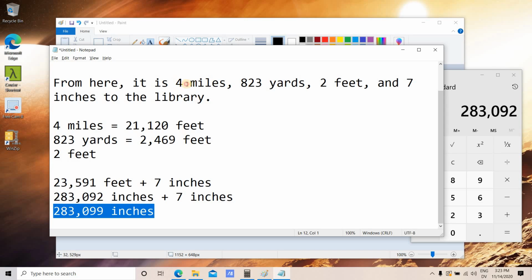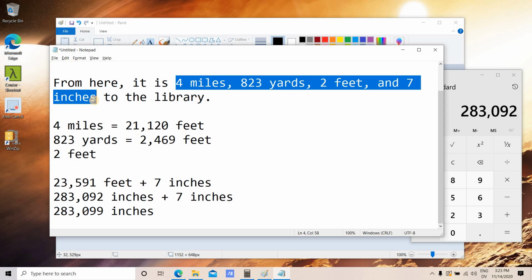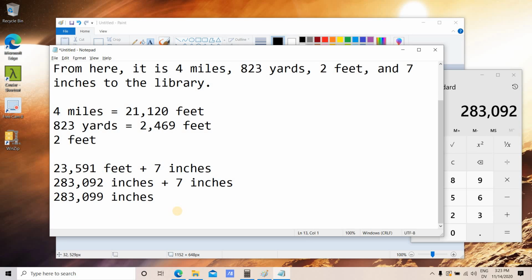When you start from here, this cannot possibly convert to, let's say, 745,286 inches.